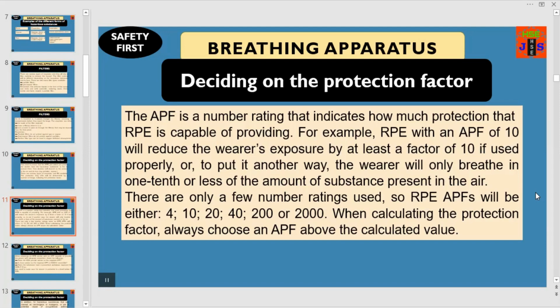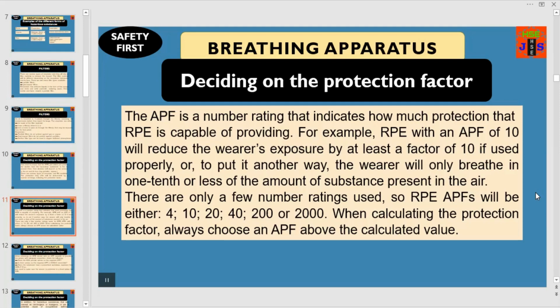Or, to put it another way, the wearer will only breathe in 1/10 or less of the amount of substance present in the air. There are only a few number ratings used. So, assigned protection factors will be either 4, 10, 20, 40, 200 or 2000.